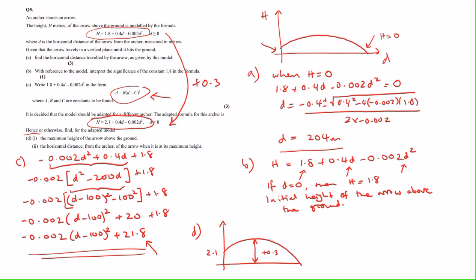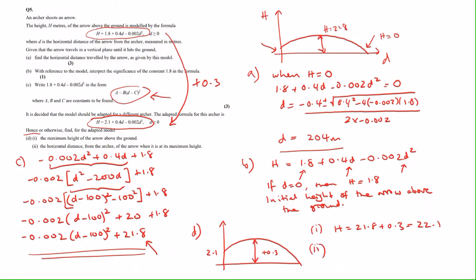So the maximum height of the original projection is 21.8. So the maximum height for our new projection is going to be 21.8 plus 0.3, which is 22.1.